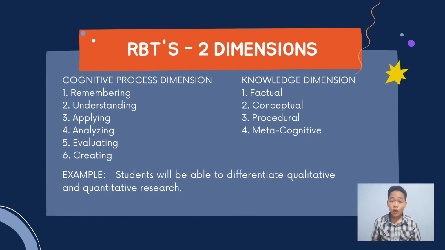Because quantitative research and qualitative research can be composed of small pieces of information or supporting details that could provide a concept on how we can differentiate these two types of research. So by considering these two dimensions, we can enhance our cognitive skills. So that's it.